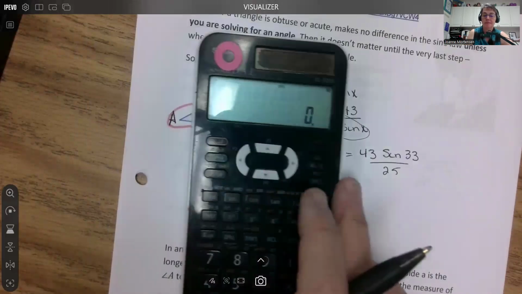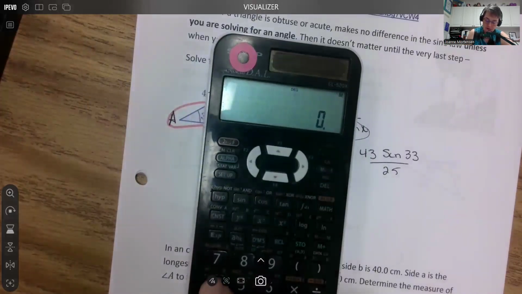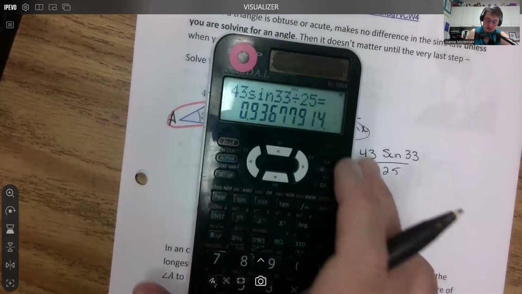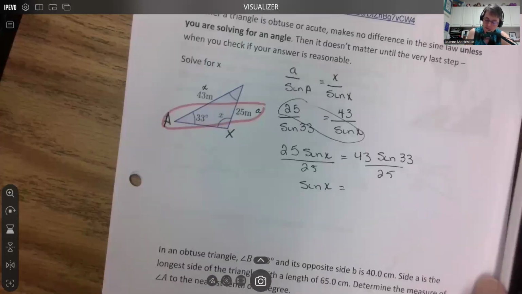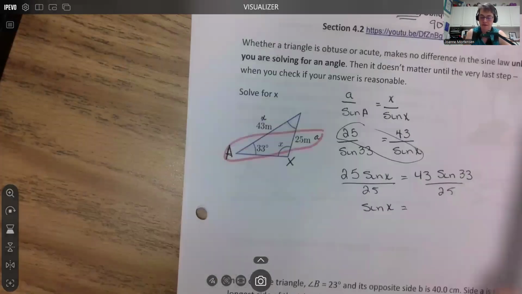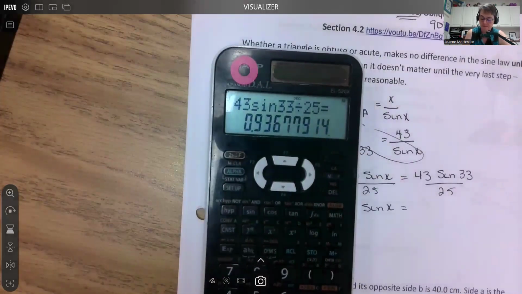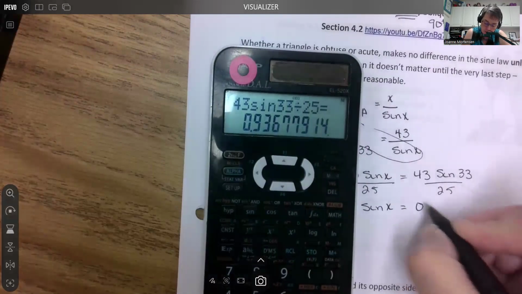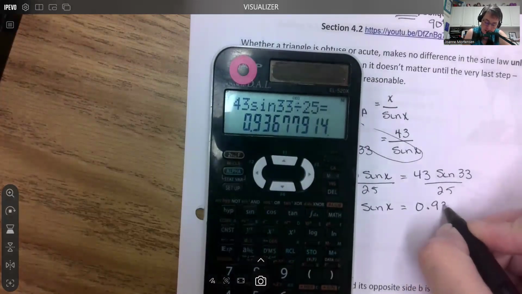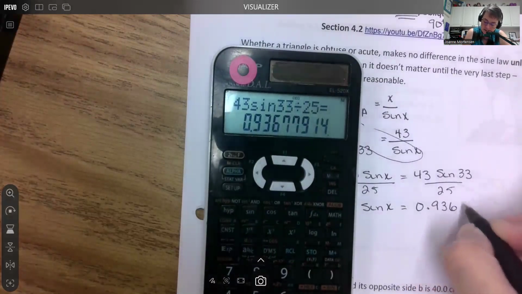43 sine 33 divided by 25. Oh, maybe I moved that too fast. I'll get it. 0.9367.